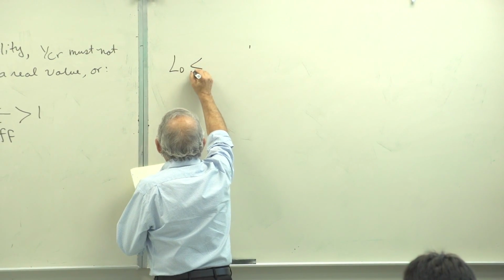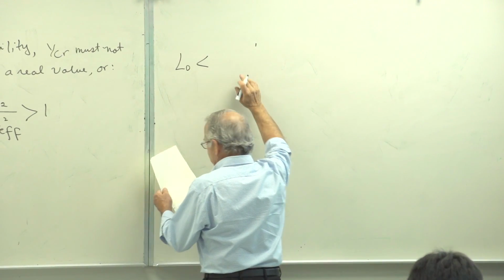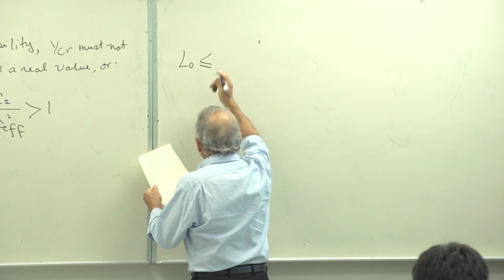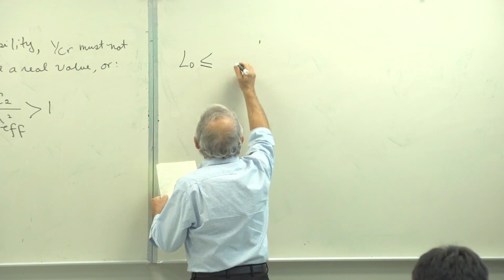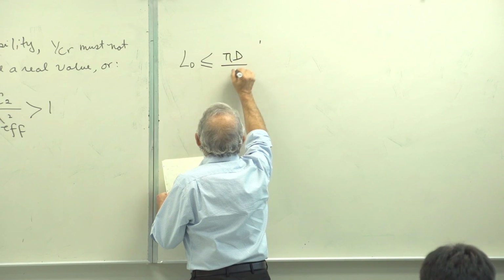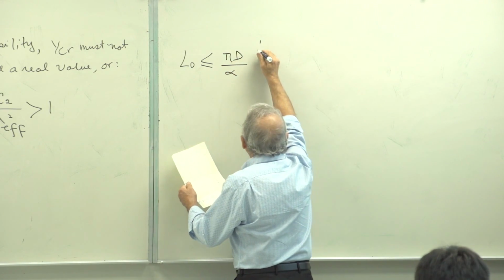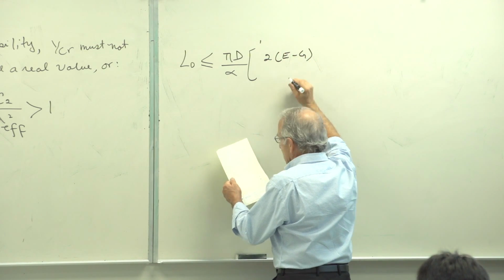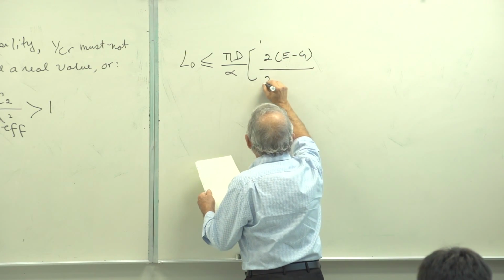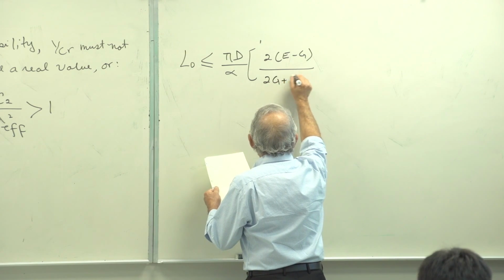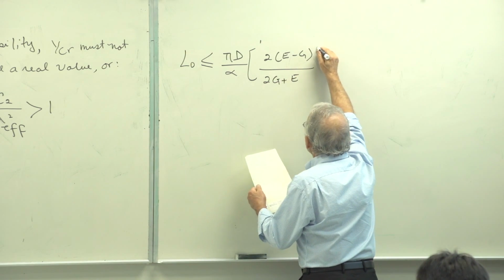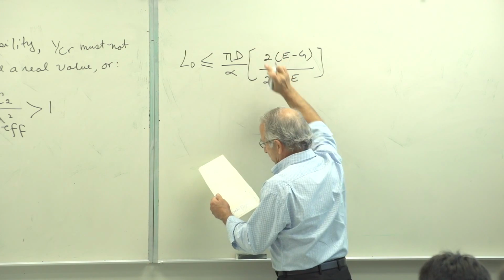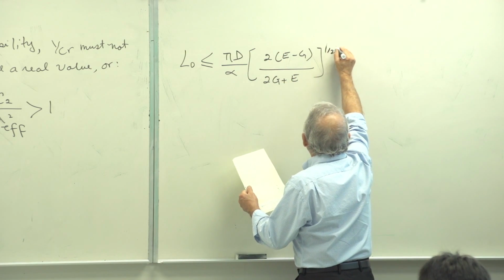L0 must be less than, or, well, I suppose you could put the equal sign, it's okay, pi D over alpha times the square root of 2 times (E minus G) divided by (2G plus E).